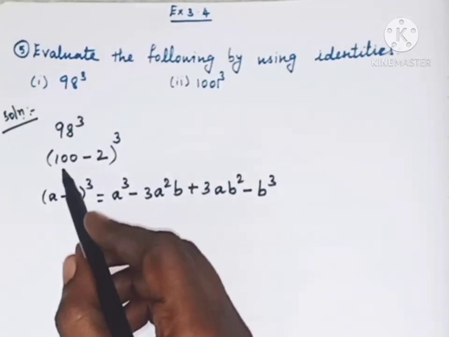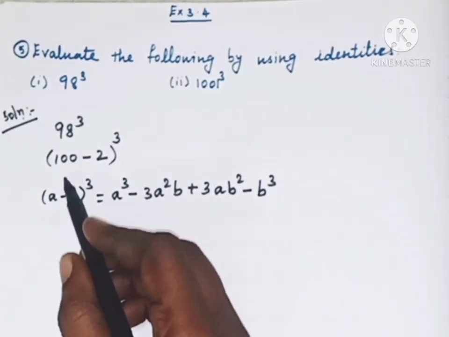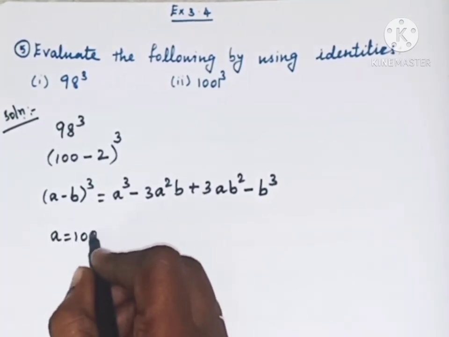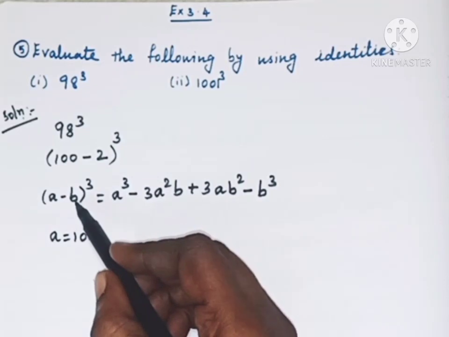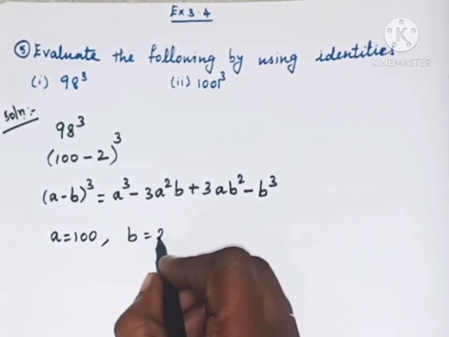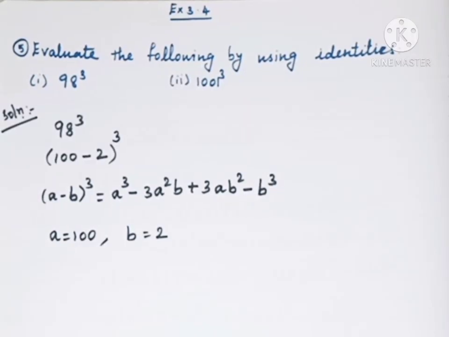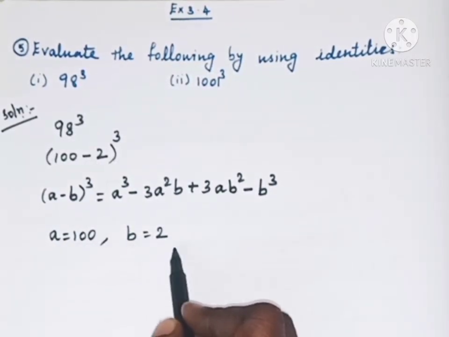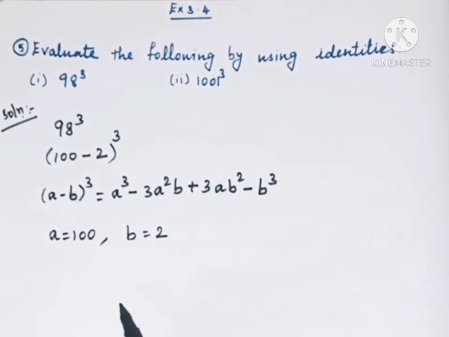Now, in this problem, in the place of a we have 100, so a is equal to 100, and in the place of b we have 2, so put b is equal to 2. Now we have to substitute a is equal to 100 and b is equal to 2 in this identity.